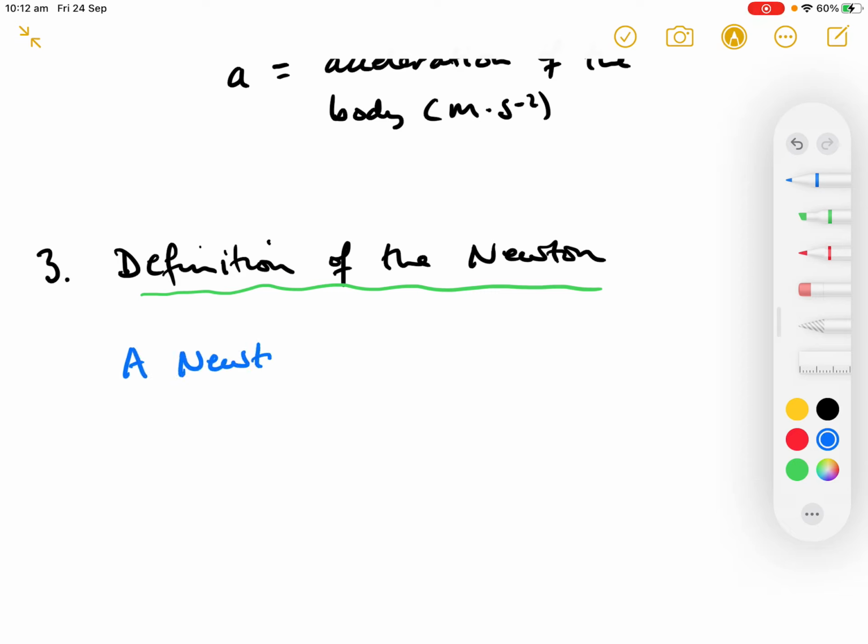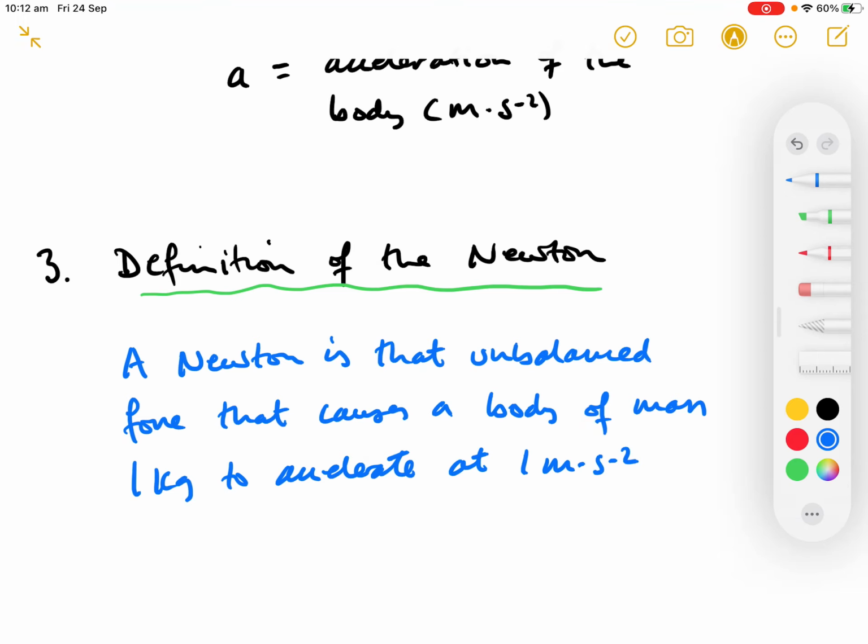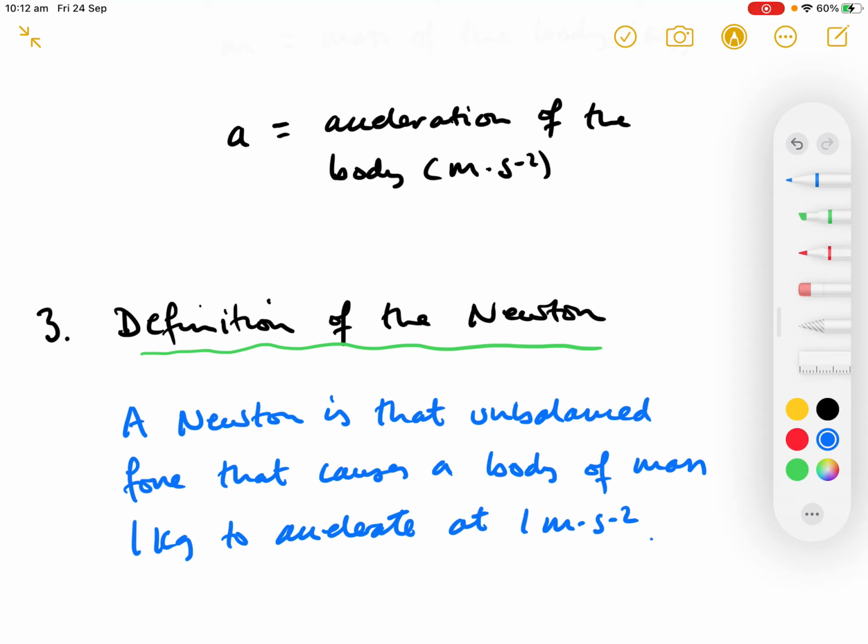A Newton is that unbalanced force that causes a body of mass 1 kilogram to accelerate at 1 meter seconds to the minus 2. Okay.